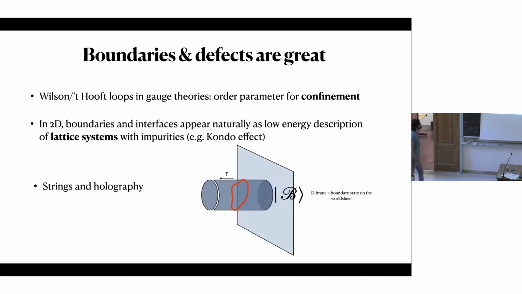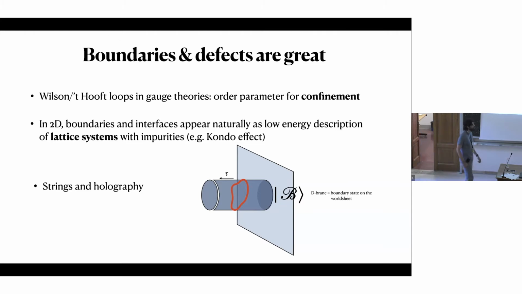I already anticipated that this is somewhat analogous to a boundary state. And boundaries and defects are great things to use in quantum field theories or lattice systems in many different contexts. For example, in gauge theories, we of course like Wilson and 't Hooft loops, which are probes for confinement.